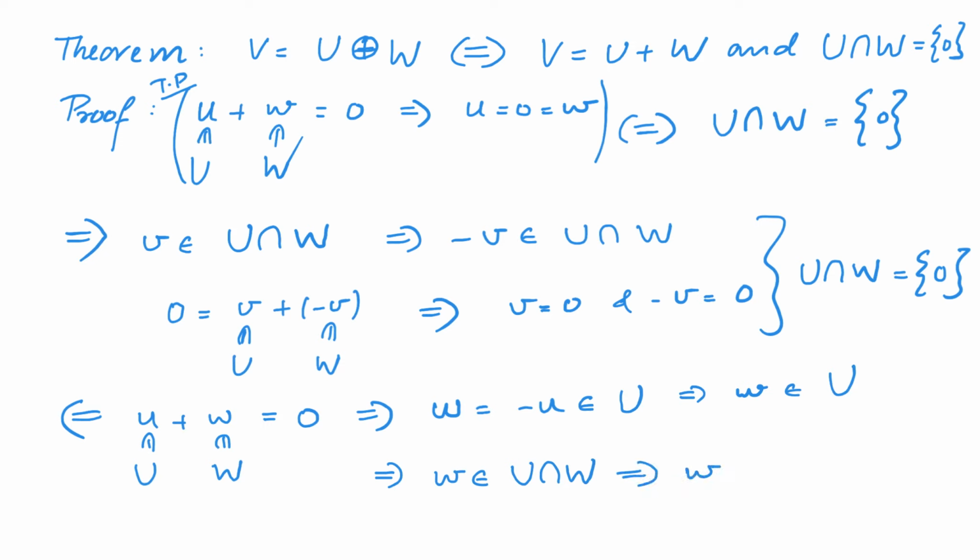Thus, w has to be equal to 0. But if w is equal to 0, this also implies that u, which is equal to minus w, is also equal to 0. Thus, we have concluded that u and w are both equal to 0. And that completes the proof of the theorem.